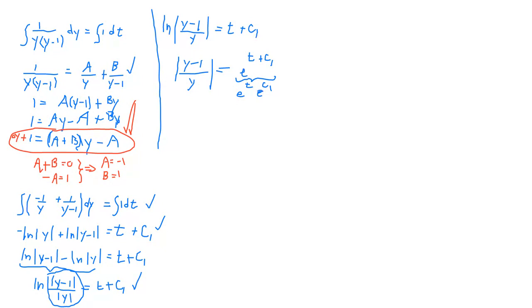E to the C1 power is just, I'll call that now C2. Okay, and so now I have the absolute value of y minus 1 over y equals this constant C2 times e to the t.